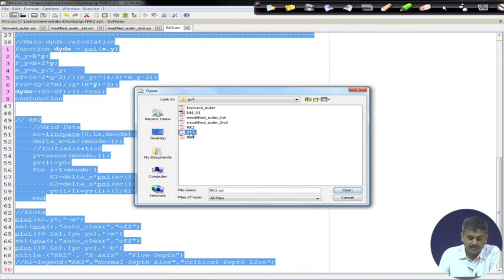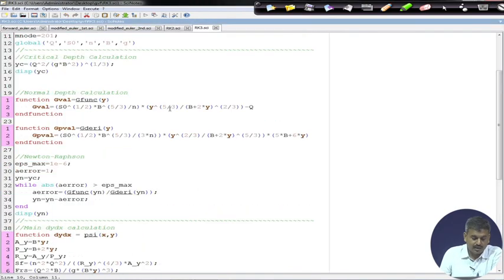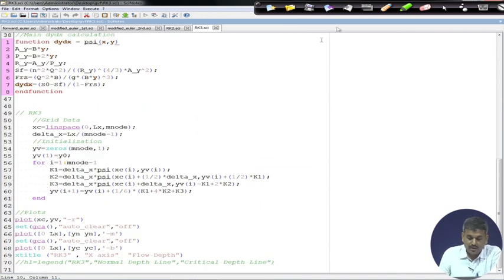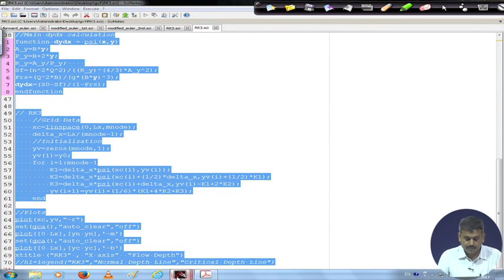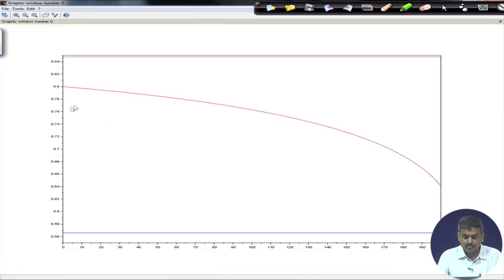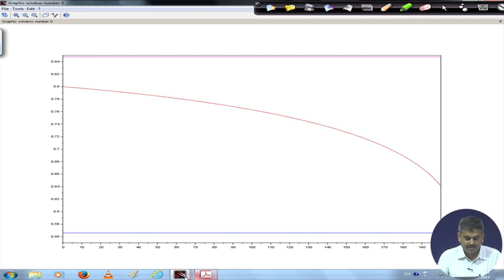This is RK3. In RK3, the other portion is similar, the only change is in terms of K2 and K3 calculation. Now, we can take the average or weighted average of these K1, K2, K3 slopes, and we can get the final output. So, if we run this code again, we will get a solution of the same nature.